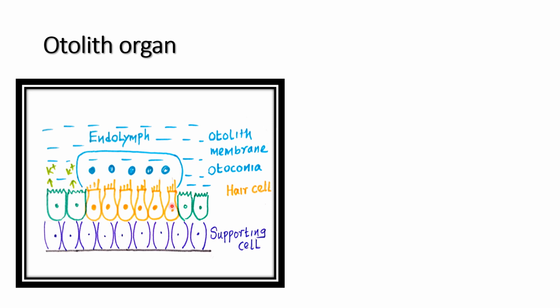The otolith organs contain calcium carbonate crystals, called the otoconia. The calcium carbonate crystals are present within the otolith membrane. The hair cells are embedded in the otolith membrane. The presence of the otoconia makes a gel-like substance. Its specific gravity is more than the endolymph.